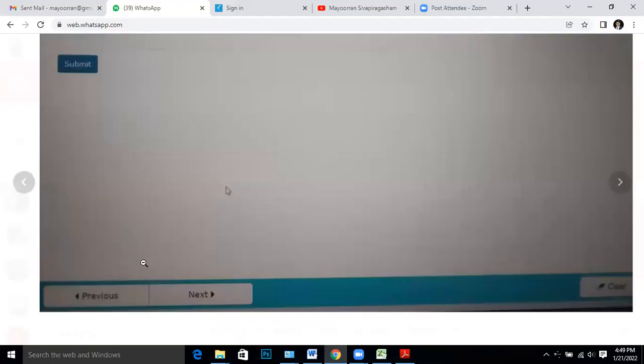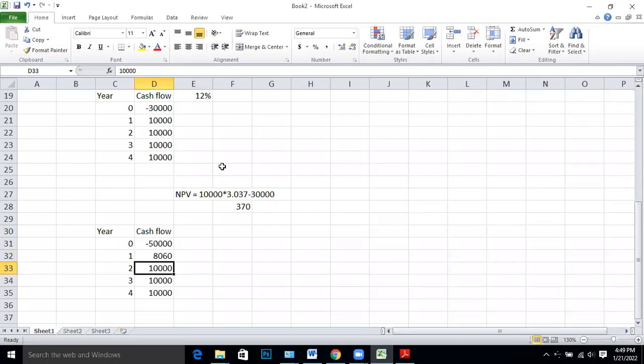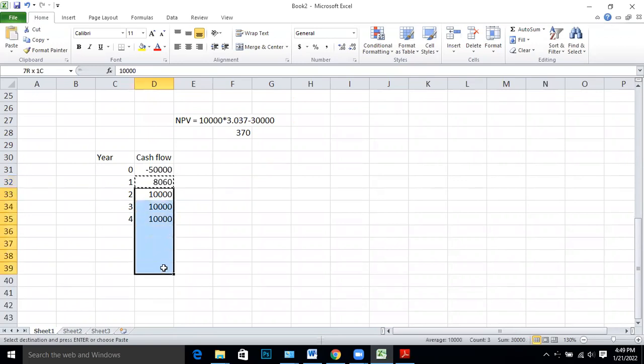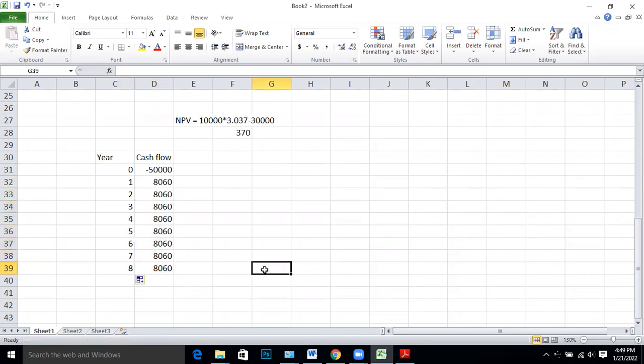For how many years? For 8 years. Right. What are we going to do for this? They asked us to find IRR. So they have not given a rate.